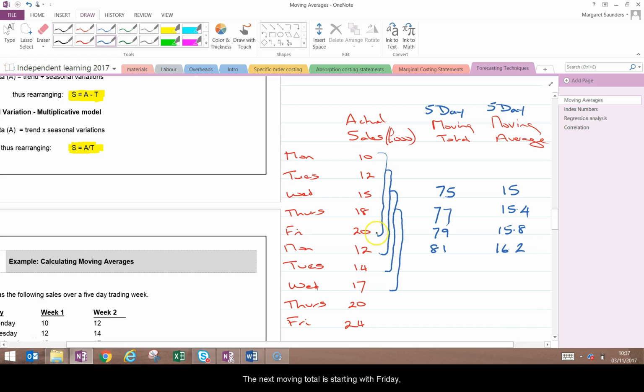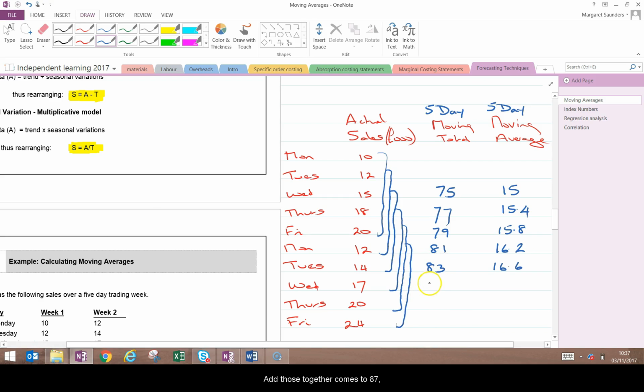The next moving total is starting with Friday, and we'll add up Friday, Monday, Tuesday, Wednesday and Thursday. That comes to 83. Divide it by 5, 16.6. And lastly, Monday through to Friday.